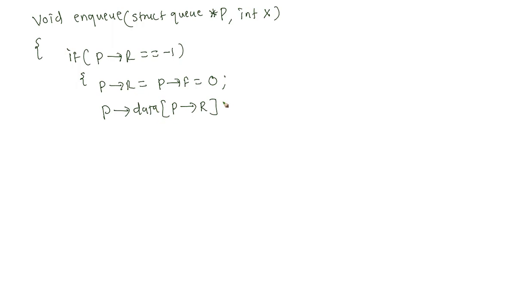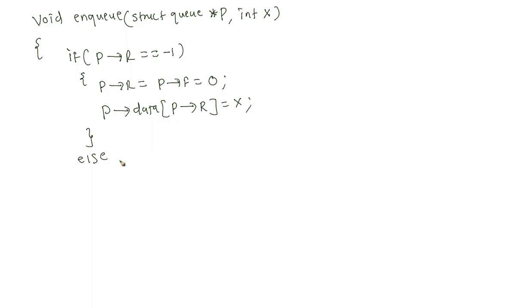On the r location we'll insert, of course this p arrow r will give us 0, this x. So x is inserted in the data array on the r location, if the queue is empty.